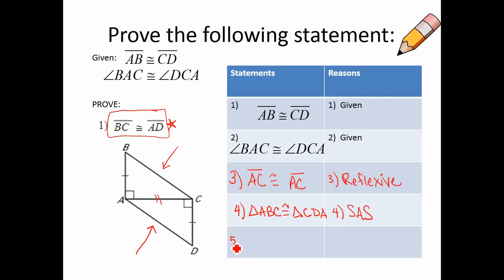So I would say then that yes, I will now know that BC is in fact going to be congruent to AD because corresponding parts of congruent triangles are congruent. Rather than writing that phrase out every single time, this little symbolic notation or abbreviation stands for that phrase.